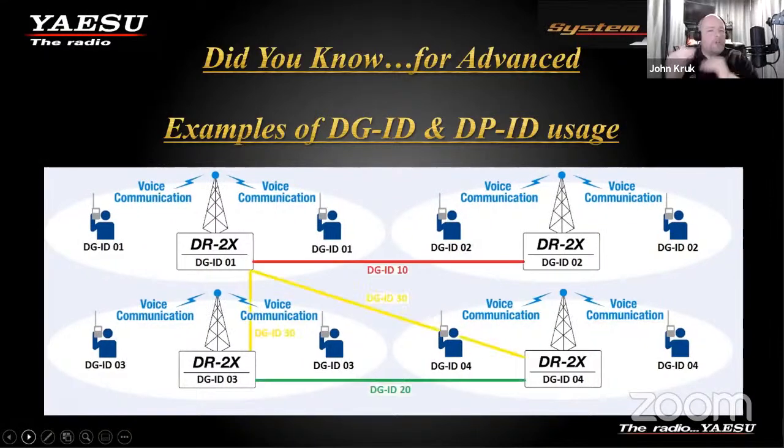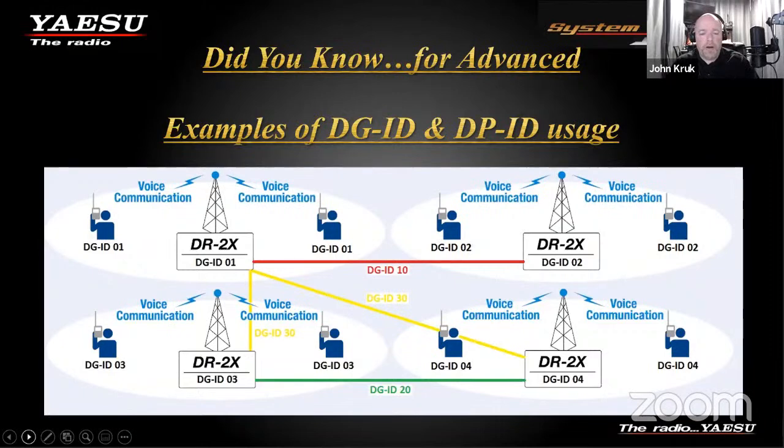Now, what we do is we set up these DGID groupings. As you take a look here, I set up DGID group 10. If you're on repeater 1 or repeater 2 and you're using DGID 10, it's instantly going to make a connection between repeater 1 and repeater 2, because those are the only repeaters using DGID 10.